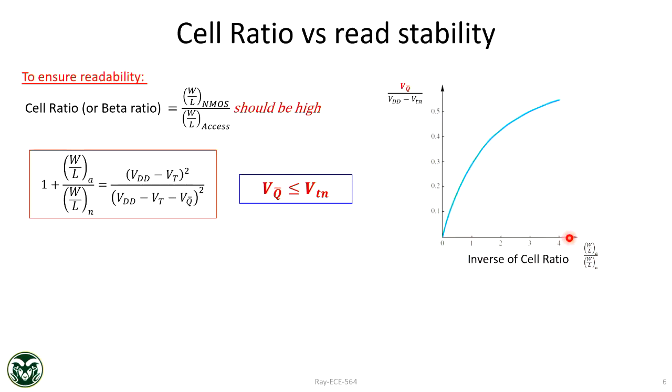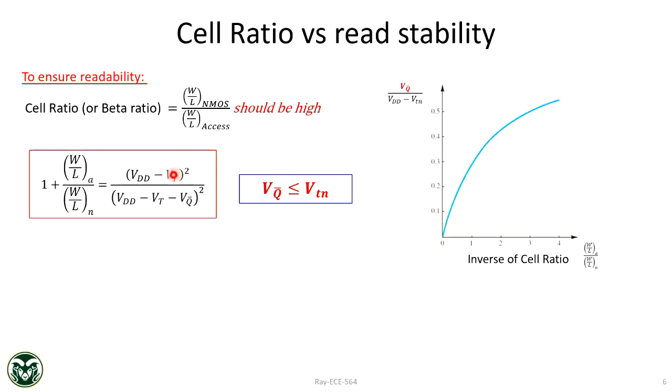So if the access transistor is stronger, VQ will rise. VQ is normalized, VDD is a constant, VT is a constant. VDD can be, say, 1 volt, threshold voltage can be 0.2 volt. So that value is fixed. So this is the VQ, which is the variable which will rise according to this equation.